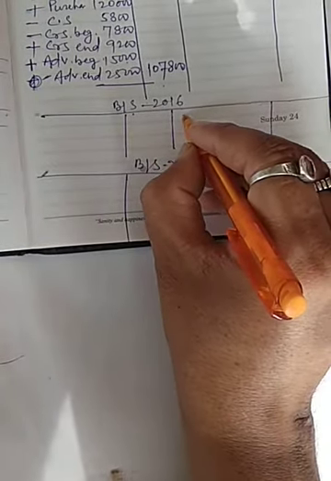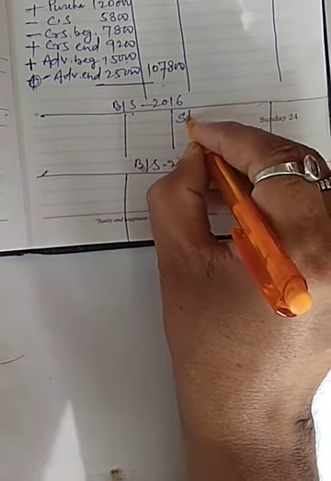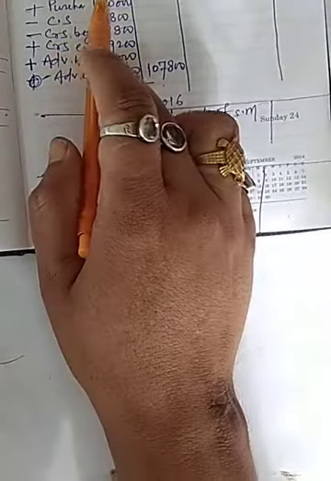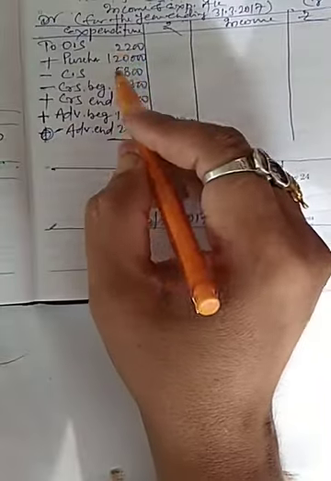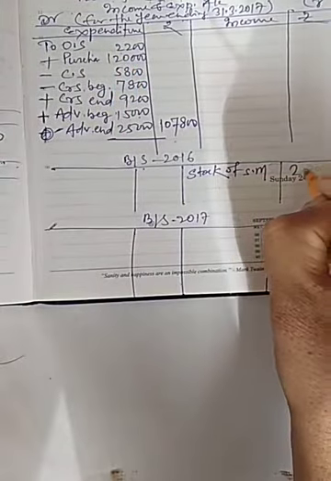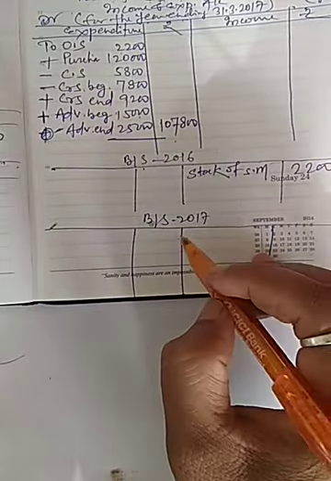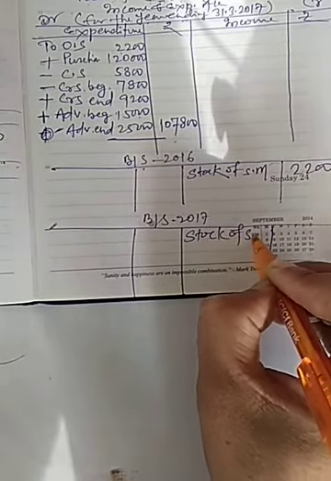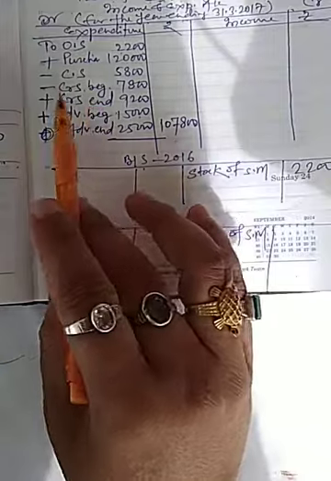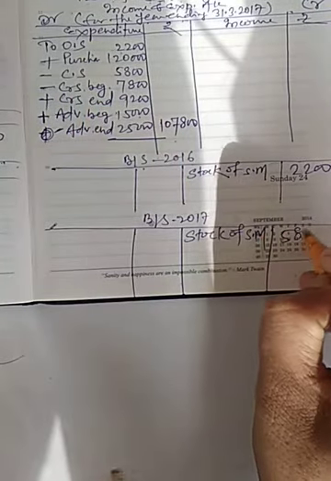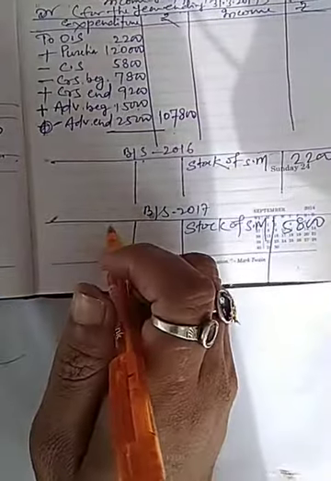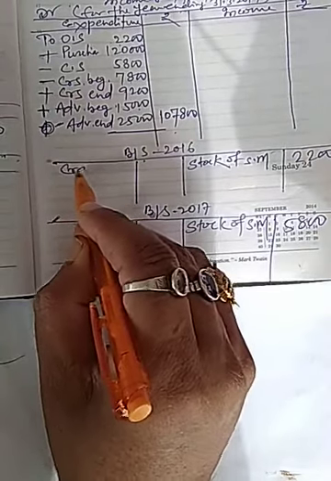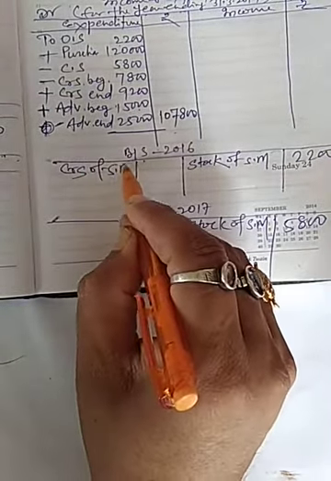Opening stock of sport material is given as 2,200, so I will add 2,200, and the closing stock of sport material is 5,800.